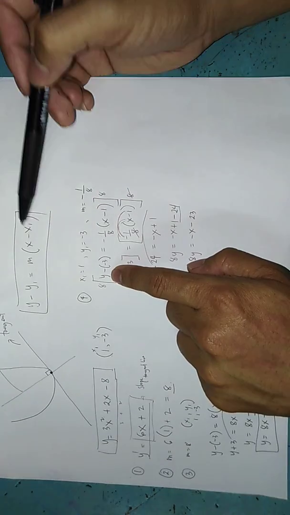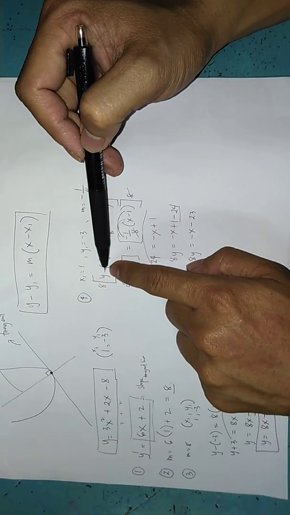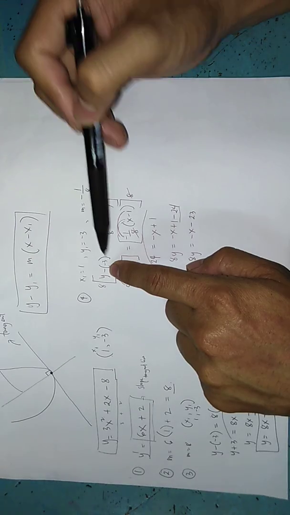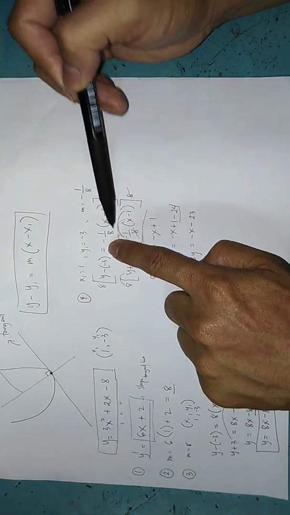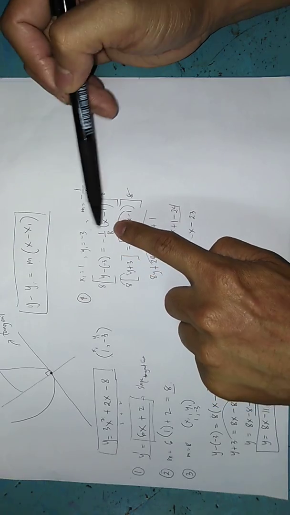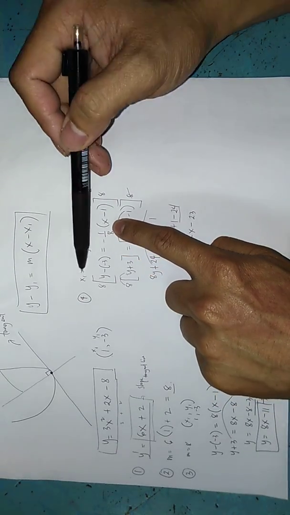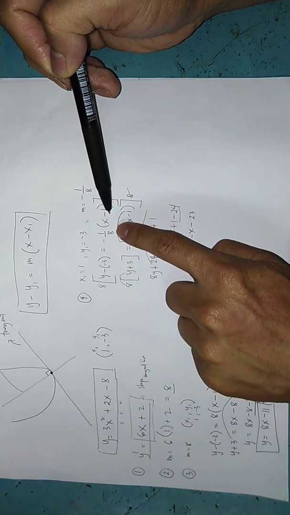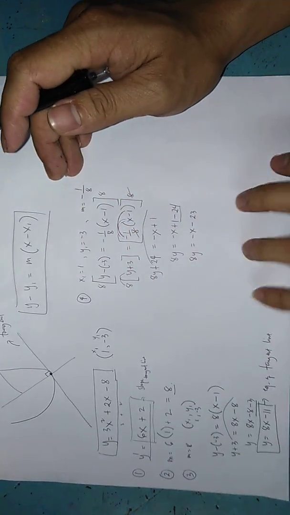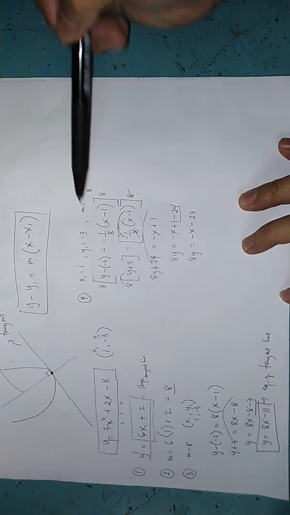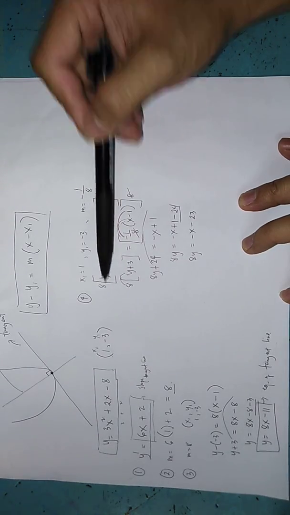Y minus y sub 1 is negative 3 equals m is negative 1/8 times x minus x sub 1, which is 1. Now, since may denominator tayong 8, kailangan natin tanggalin yan by multiplying both sides by 8.